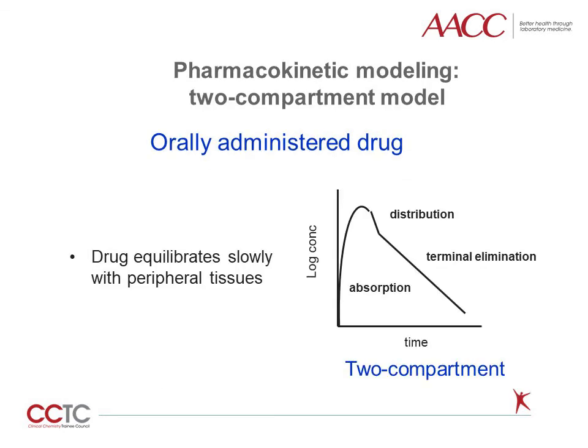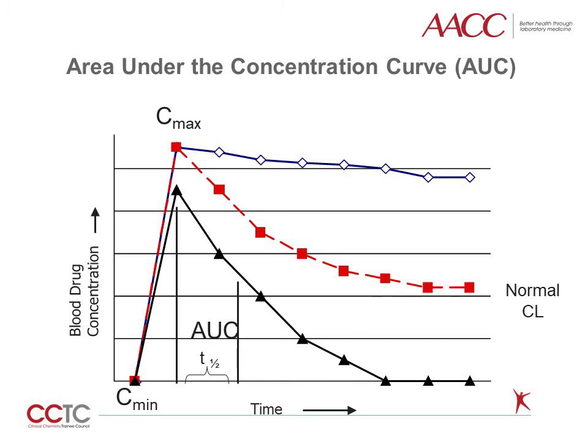In a 2-compartment model, the body is divided into a central compartment, which consists of blood and well-perfused organs, such as the liver and kidney, and the peripheral compartment, which consists of poorly perfused tissues, such as muscle and fat, where the distribution of the drug is slower.